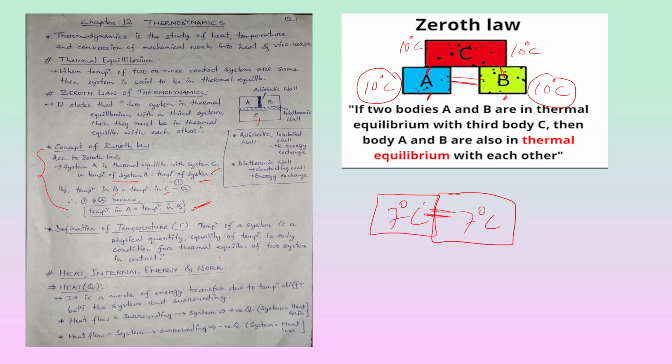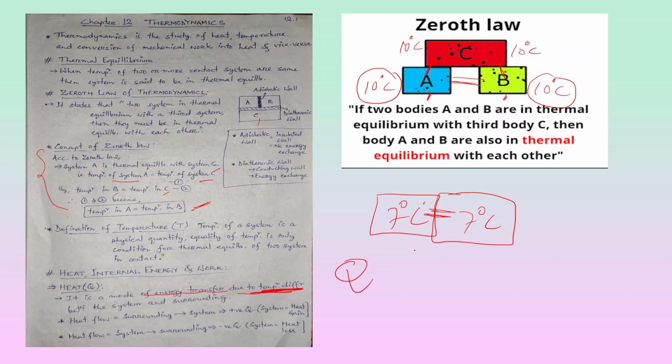Now next is heat, internal energy and work. First of all, we discuss heat, which is represented by capital Q. Heat is the mode of energy that is transferred from one system to another due to a difference of temperature.